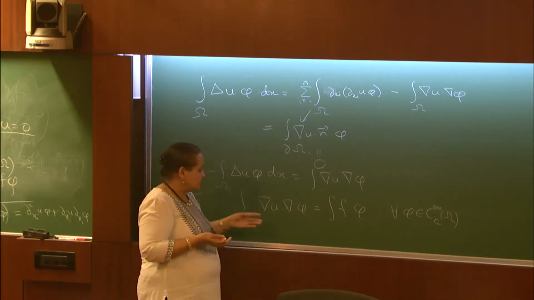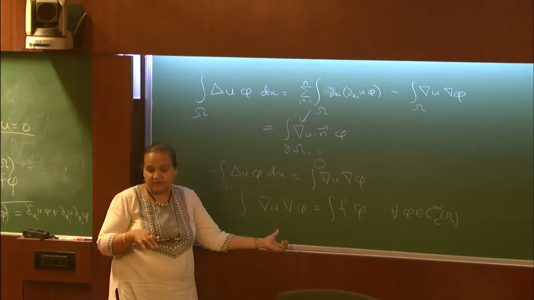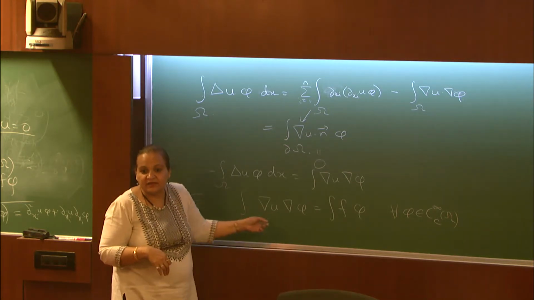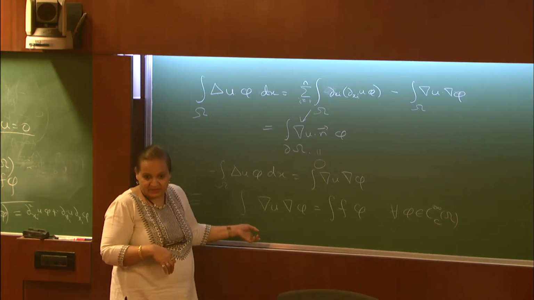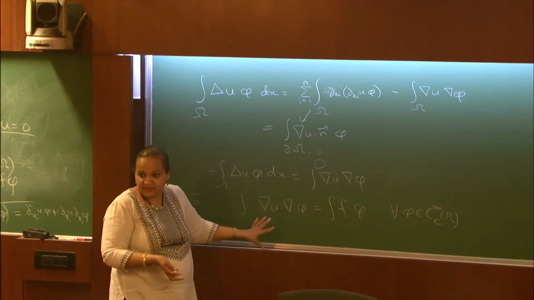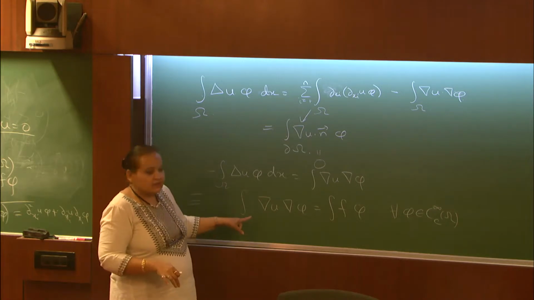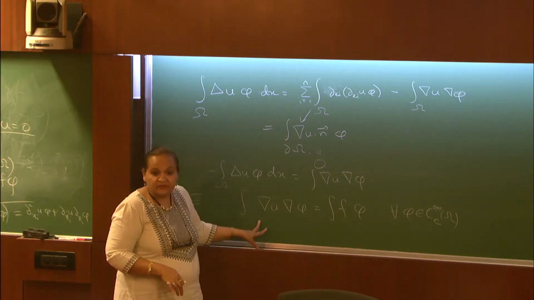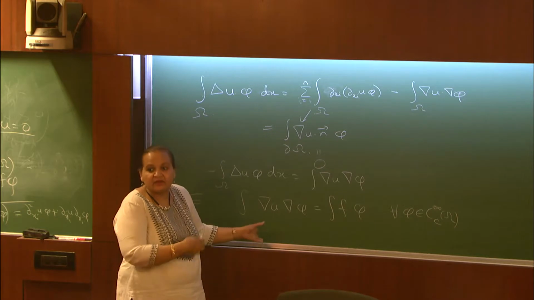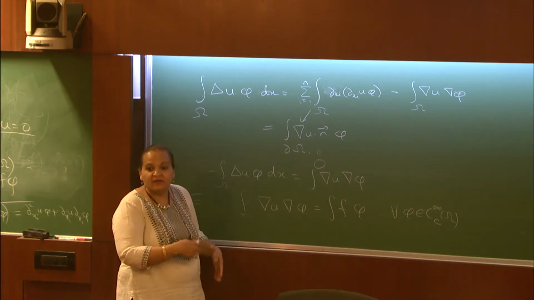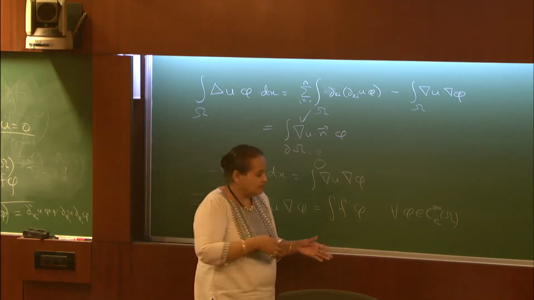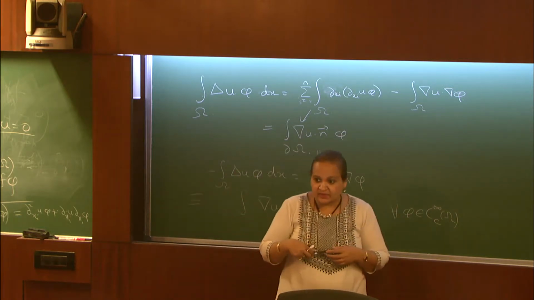So what we have done is we have reduced the regularity condition on the solution set where we are looking for solutions. Here I don't require u to be C2. I will be more than happy if I have the gradient of u in L2. I also require u is in L2, just so that I'm in a nice space.